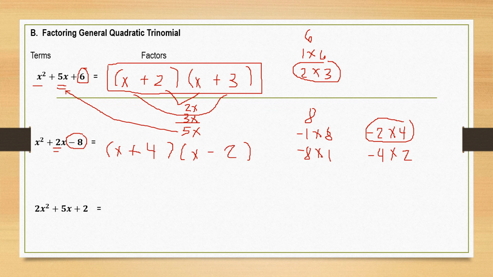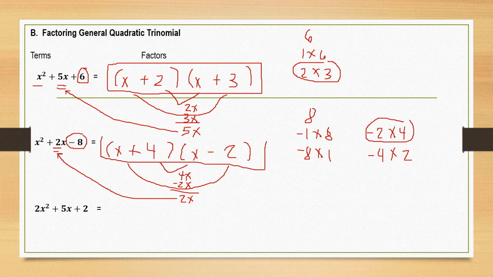Let's check. 4 times x is 4x. x times negative 2 is negative 2x. So if we add them, we get 2x. And that is equal to the middle term. So meaning that the factors of the trinomial are x plus 4 and x minus 2.